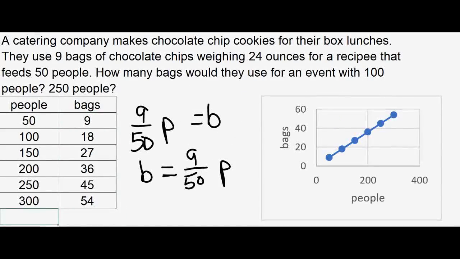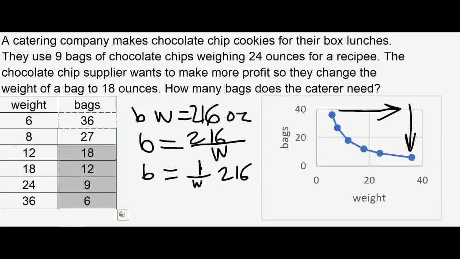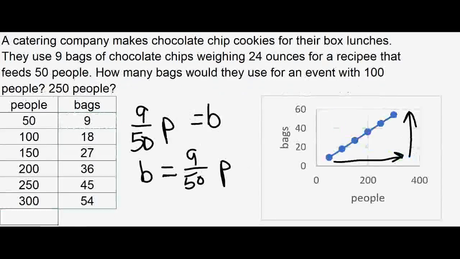If I come back to my direct variation, if I increase the number of people, I increase the number of bags, what we call directly proportional. When we increase the weight, we decrease the number of bags we need. That is inversely proportional. And you'll notice it all has to do with how we do our constant of proportionality. Here my constant, I multiply it by 1 over W. Here I multiply my constant times the P, not times 1 over P.